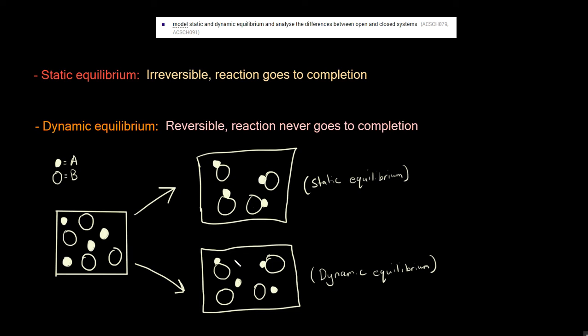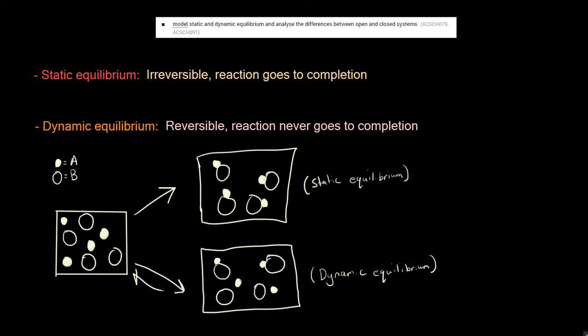As you can see, in a dynamic equilibrium, some of the products do form, some of the products do not form, and these go backwards and forwards, which I forgot to do a backwards arrow. Every model will be different, but just keep this model in your head. Static, all the products are used. Dynamic, the products are not completely used and these switch over.